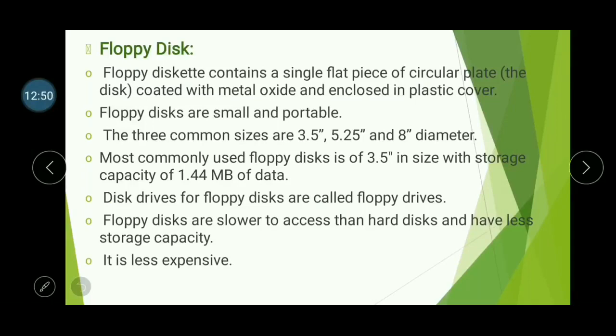Most commonly used floppy disks are 3.5 inch size with a storage capacity of 1.44 MB of data. Disk drives for floppy disks are called floppy drives. Floppy disks are slower to access than hard disks and have less storage capacity, only 1.44 MB. It is less expensive.